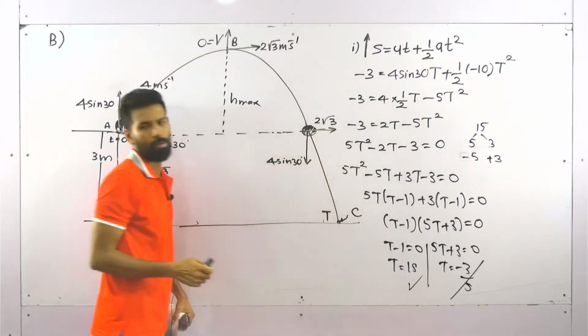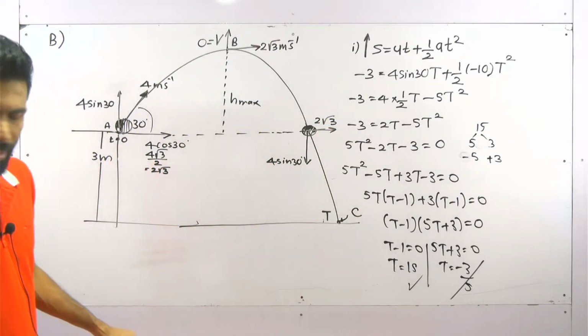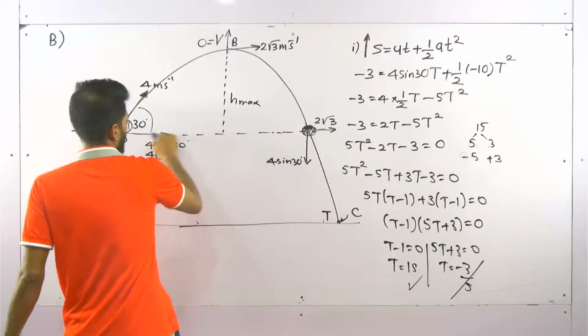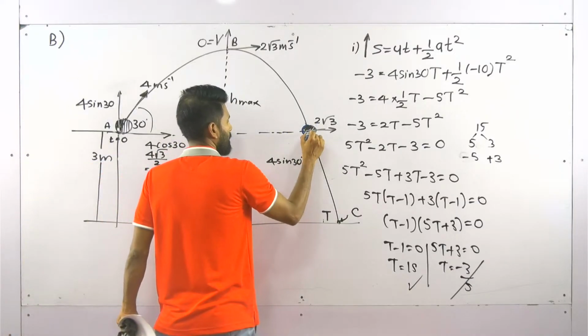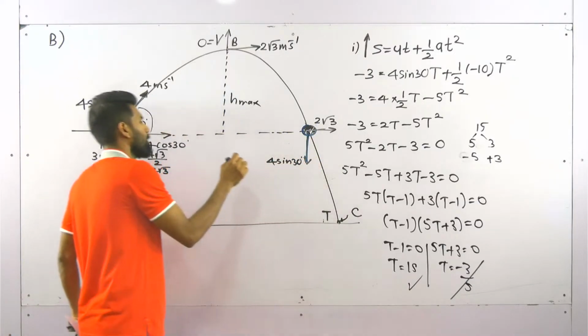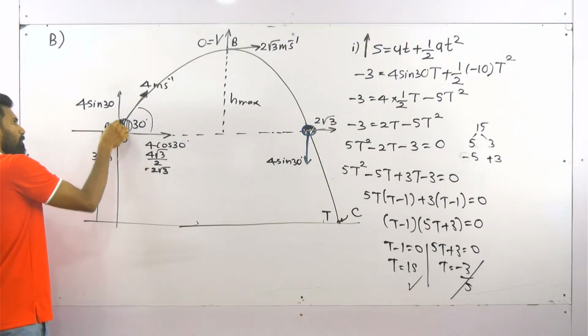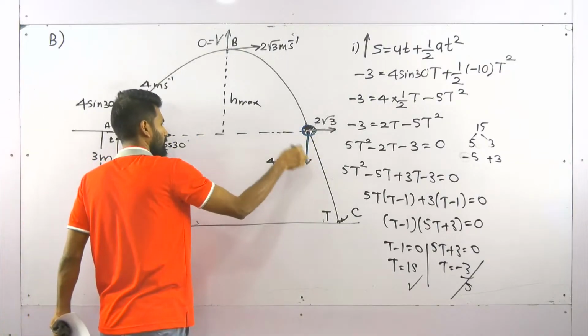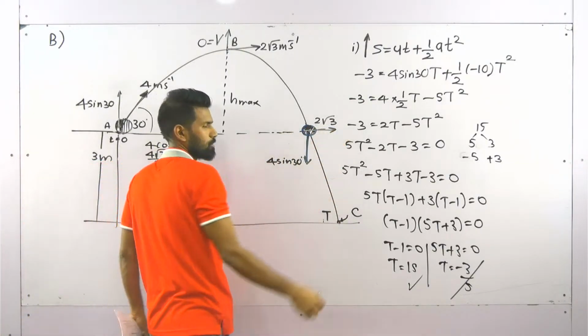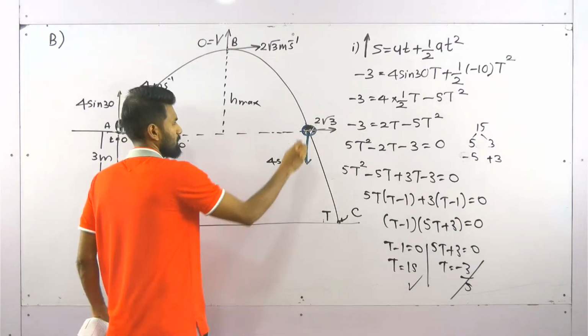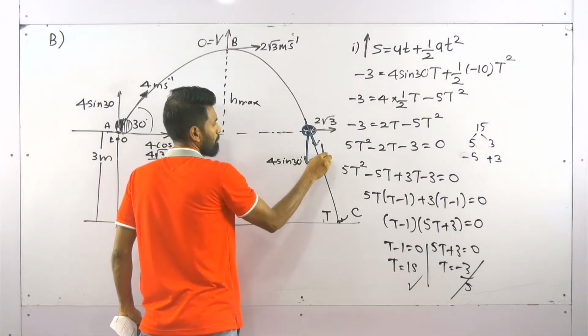So here, at the point where it passes the same level, point D has a velocity equal to the initial velocity value, upward in the downward direction, and the 2 root 3 horizontal velocity won't change. So what is its final velocity? VR.